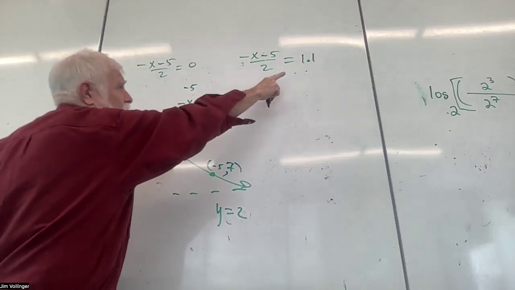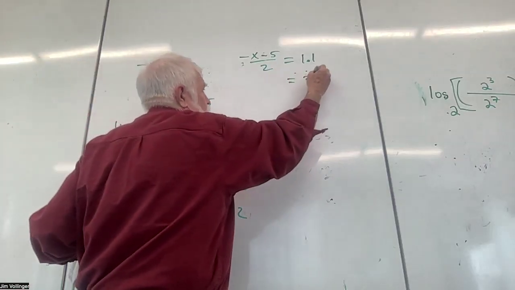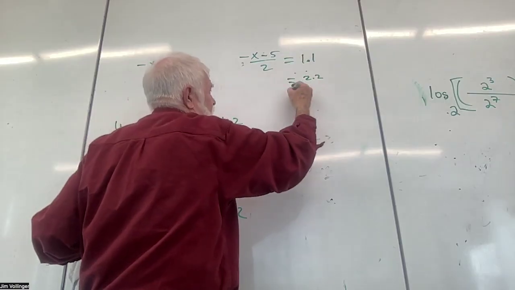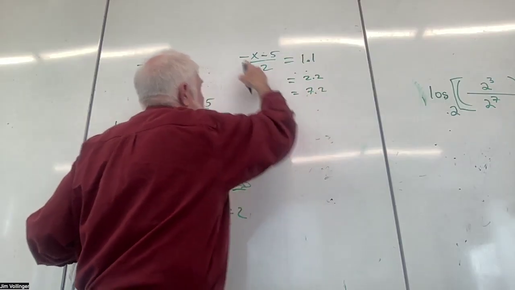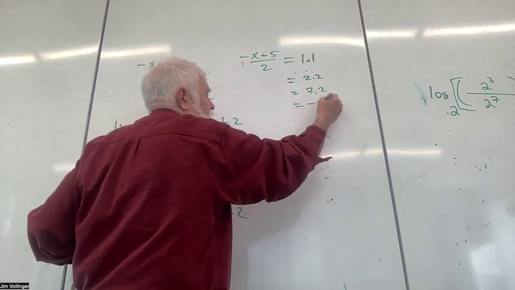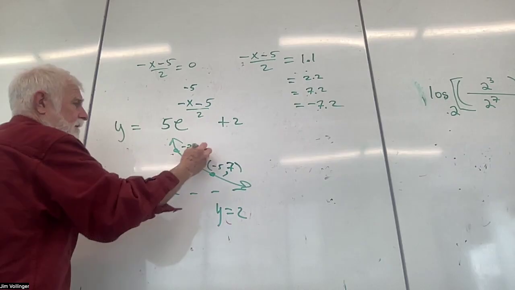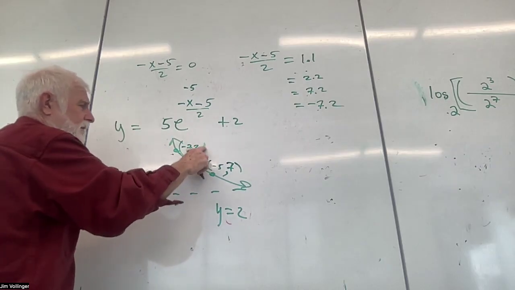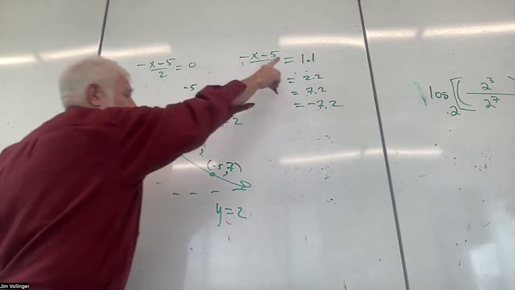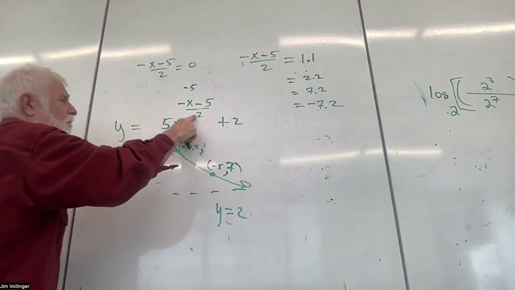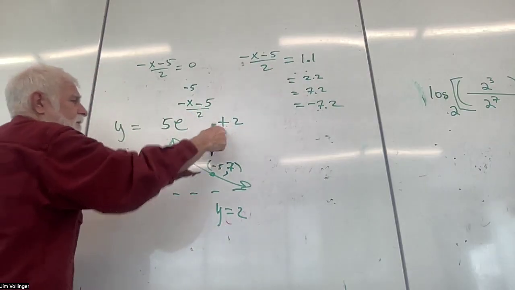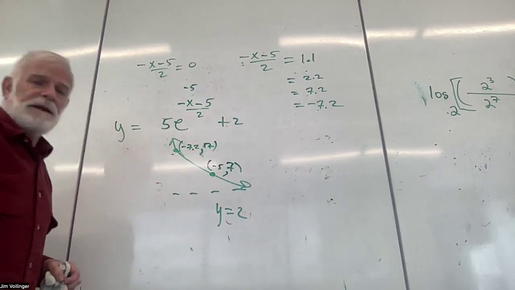So I want that to equal 1.1. So there's 2.2. Add 5 to that, that's 7.2, and then take the opposite of that. -7.2 is to the left of -5. And that's going to get me 1.1. e to the 1.1 is 3 times 5 is 15 plus 2 is 17. So that takes care of that.